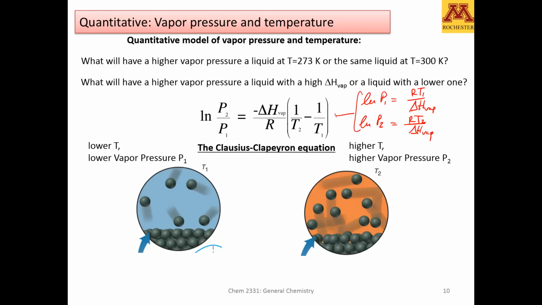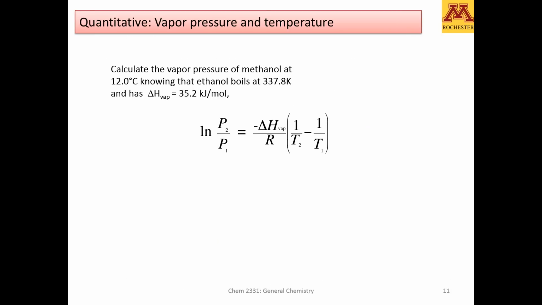You combine these two and you obtain this typical form of the Clausius-Clapeyron equation. How can we use this? Well, let's solve a problem and maybe we can figure that out.